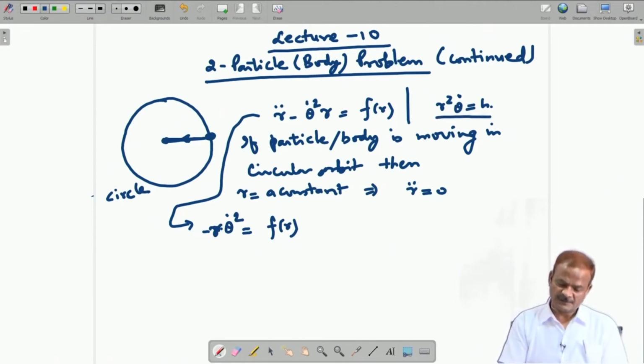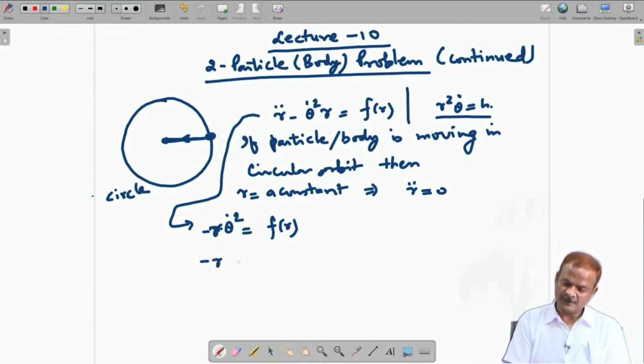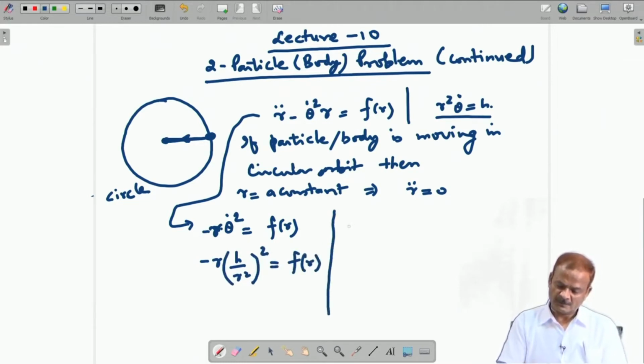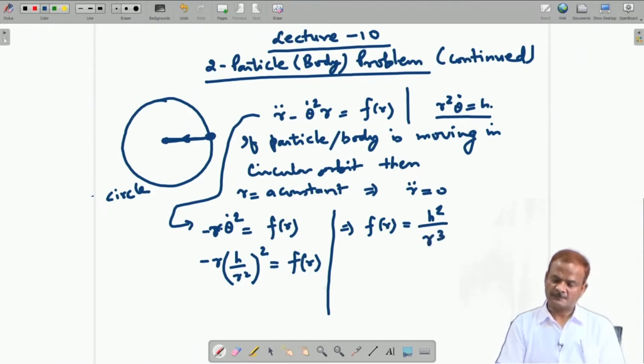Now we will utilize this equation and insert it here. So r times theta dot, equal to h by r square, whole square, equal to f r. This implies f r equal to h square divided by r cube.